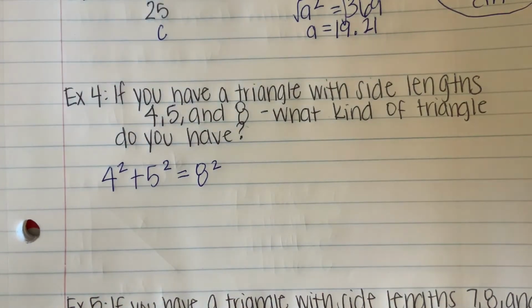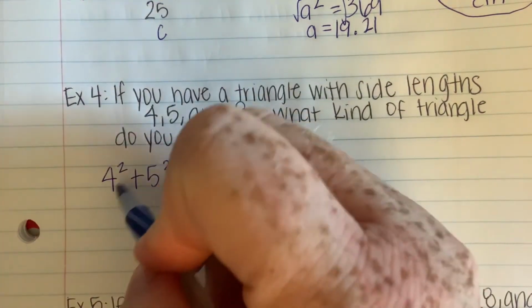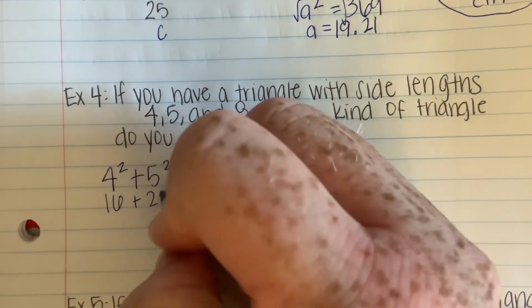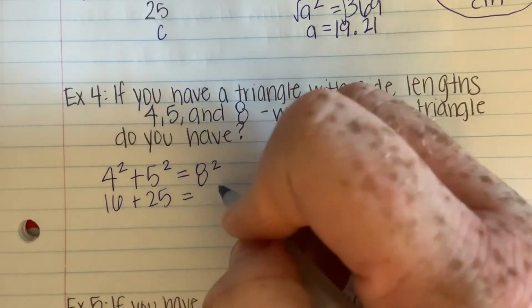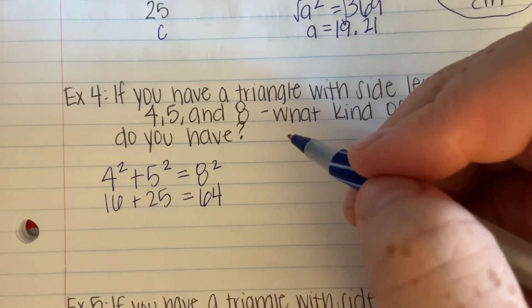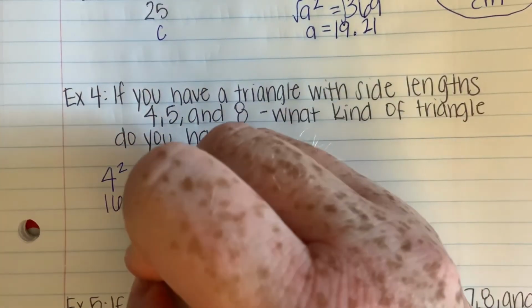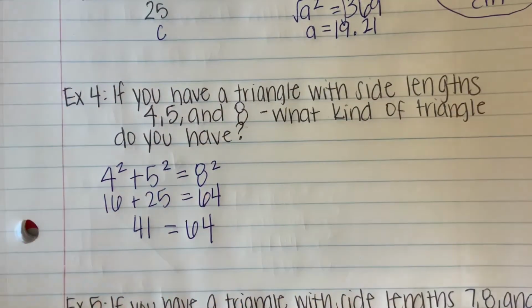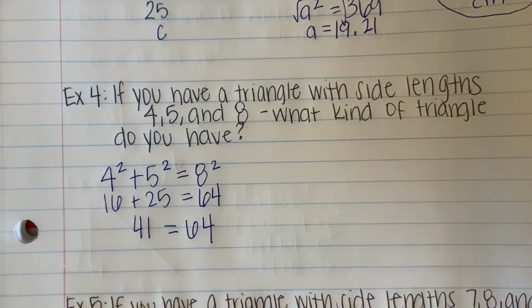Now I know these numbers in my head, but again, you can always use a calculator. 4 squared equals 16, plus 5 squared equals 25, equals 8 squared, which equals 64. 16 plus 25 equals 41. However, that does not equal 64. Oh, pardon me.